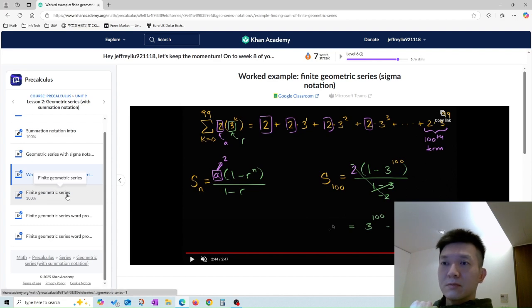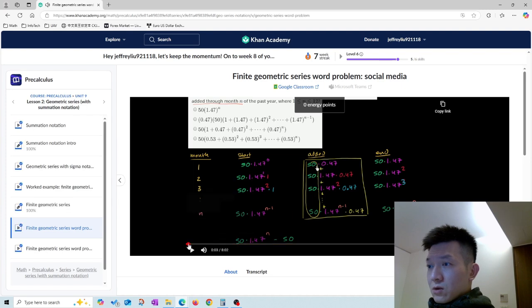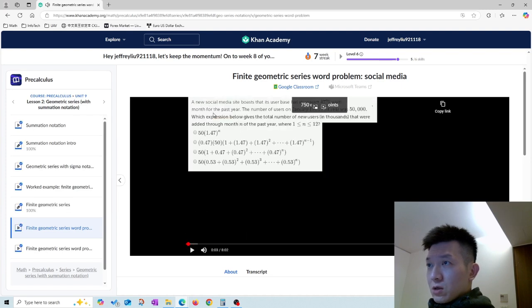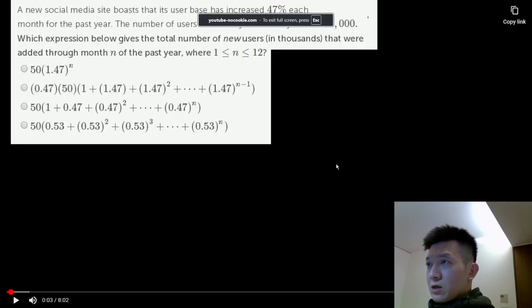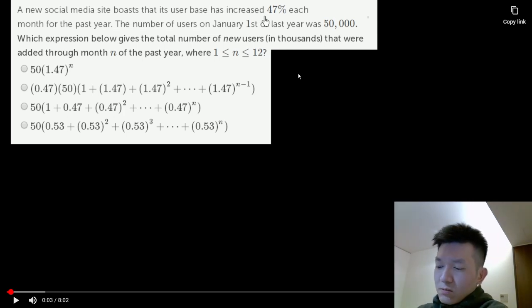Okay. So for our next one, this is our question. A new social media site has increased 47% each month for the past year. The number of users on January 1st of last year was 50,000. So our first term is 50,000, okay?